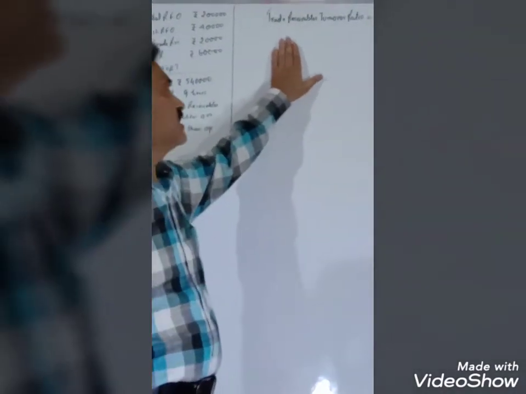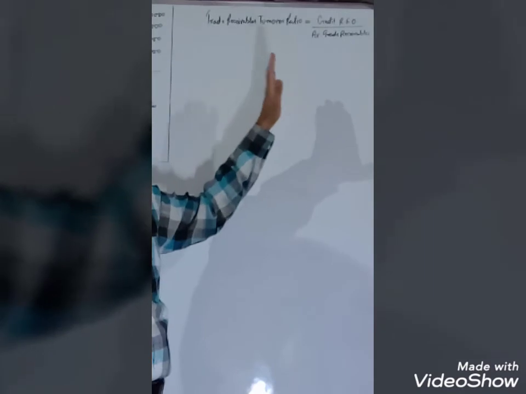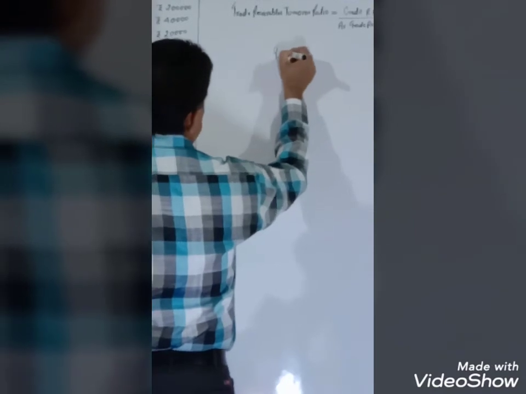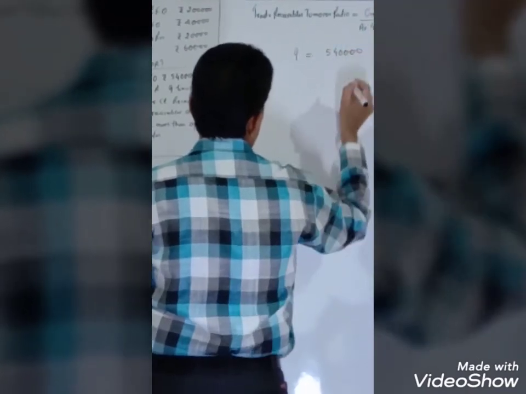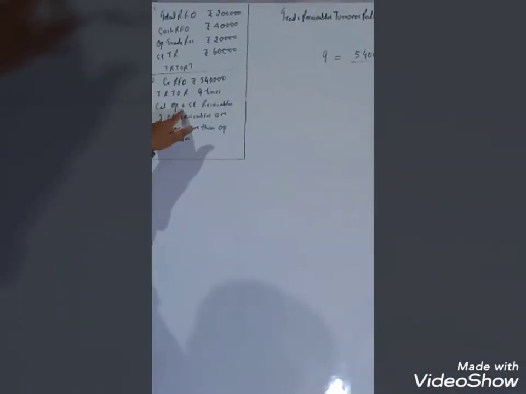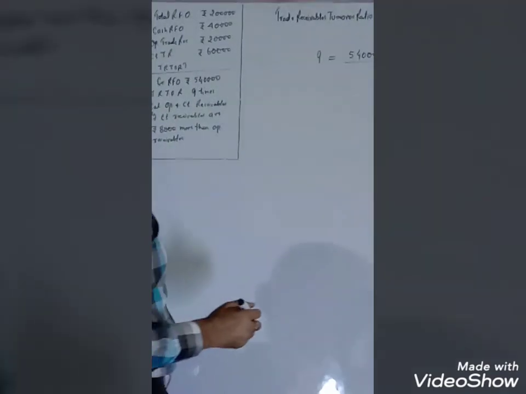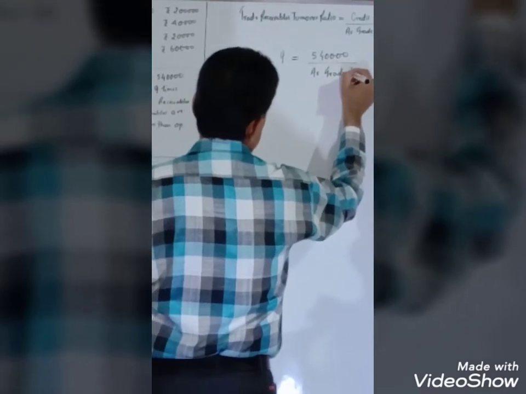We will start with the same formula. Trade receivables turnover ratio is equal to credit revenue from operations divided by average trade receivables. Now by putting the values, 9 is equal to 5,40,000 divided by average trade receivables, which is not given because we have to calculate opening as well as closing receivables.